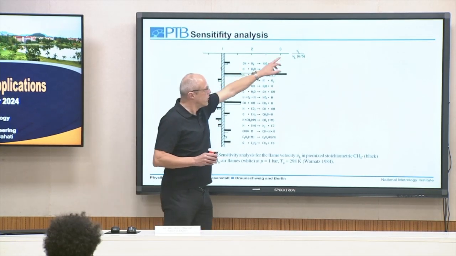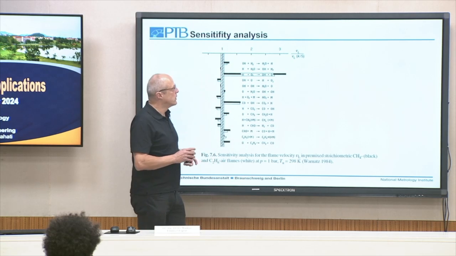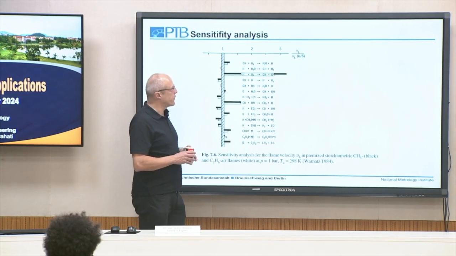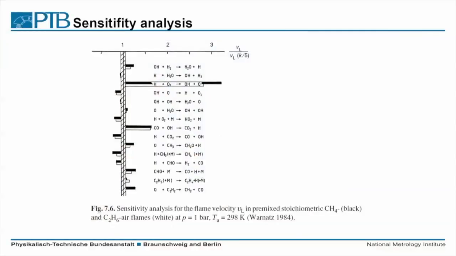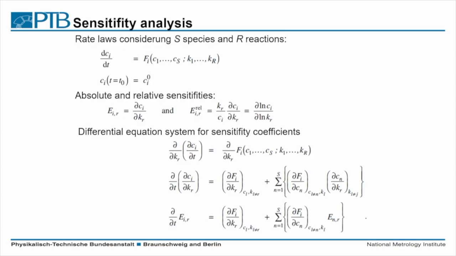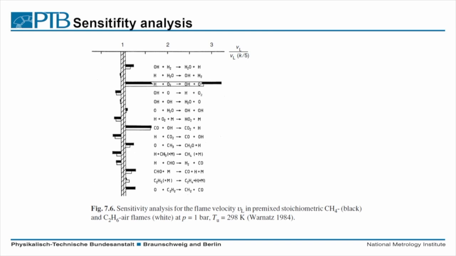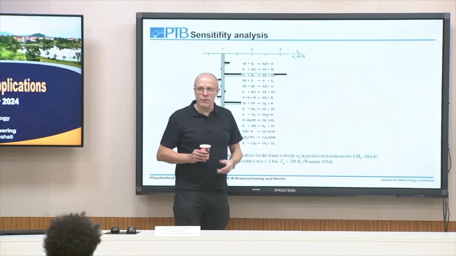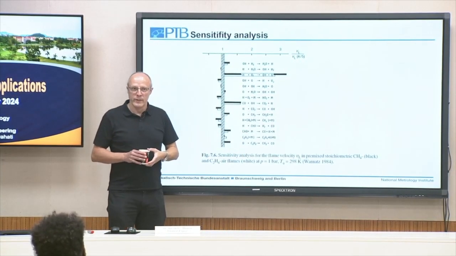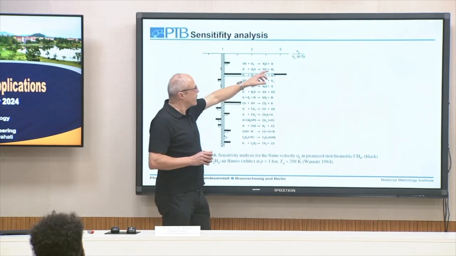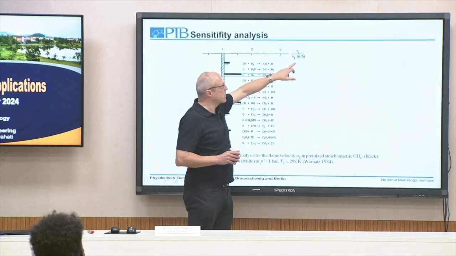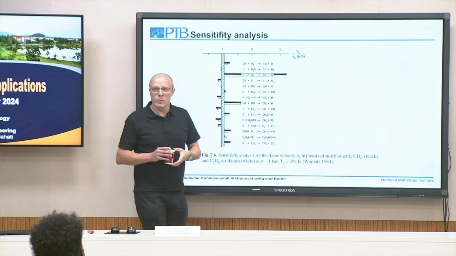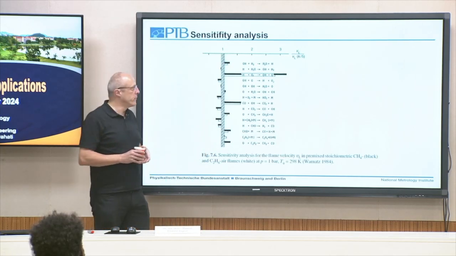Here we see it with a brute force method, so they have not solved this equation system here. We see they have just changed the reaction rate of each equation by a factor of 5, or divided by a factor of 5. And then they have the flame velocity without modification divided by flame velocity with modification.